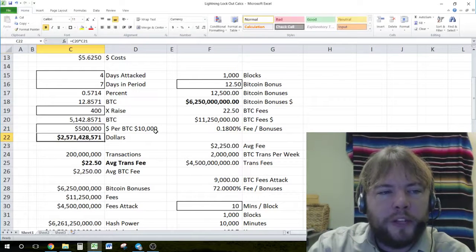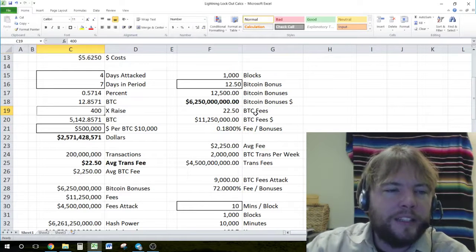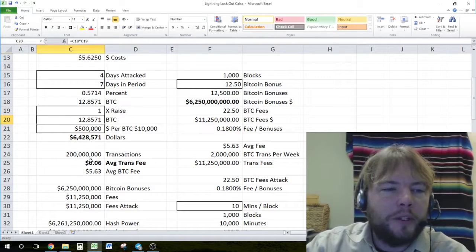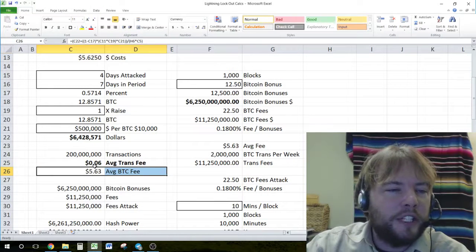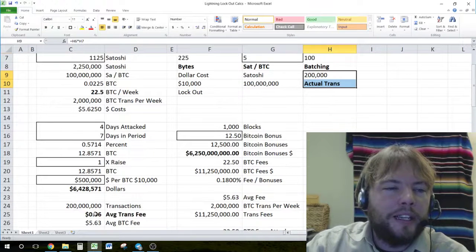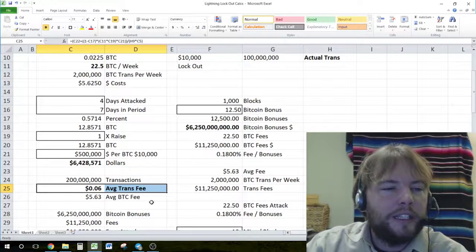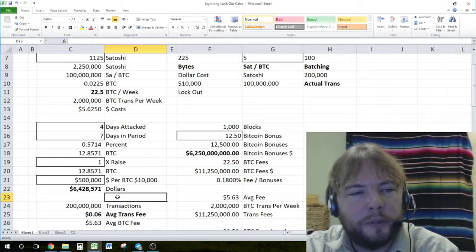Now, if you say Bitcoin is worth a lot more money, and you say that people still refuse to pay a $5 Bitcoin transfer fee, then what they would have to do is resort to batching. And then if they had 100 transactions per Bitcoin transaction, then it gets down to 6 cents, which we'll call something around the happy point for people.